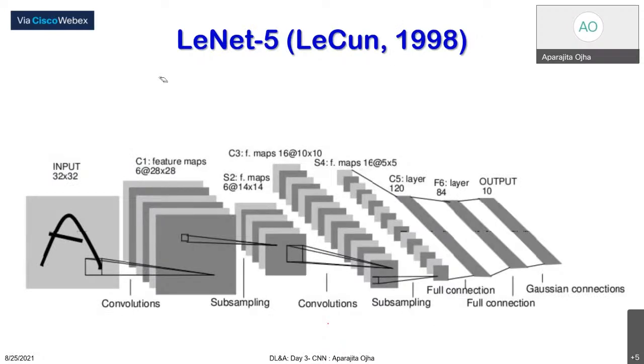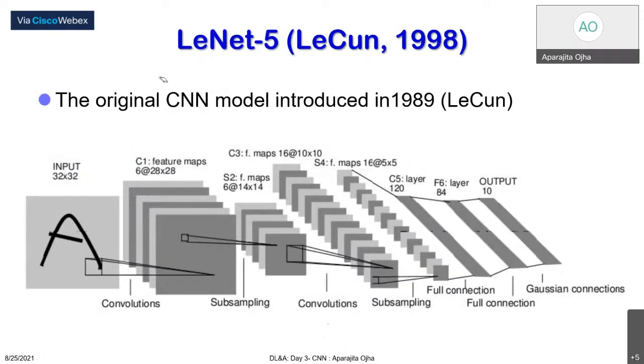The next, in the context of convolutional neural networks, was introduced by LeCun. LeCun is a legend in this field. The first CNN model was introduced by him in 1989. You can see here he used 6 feature maps, then 6 feature maps again, then 16, and then a subsampling, that is a pooling layer.